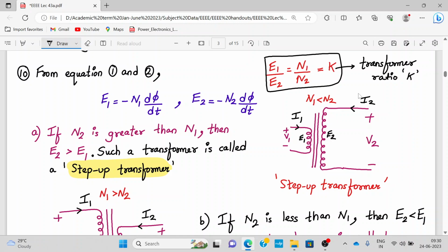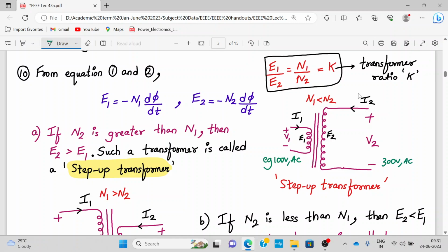As you can see here, the secondary windings are more than the primary winding. So this type of transformer is called a step up transformer. So what does the step up transformer do? Any applied AC voltage, it will raise the voltage. So let's say, for example, if V1 voltage is 100 volt AC, it will convert it to, let's say, 300 volt AC.